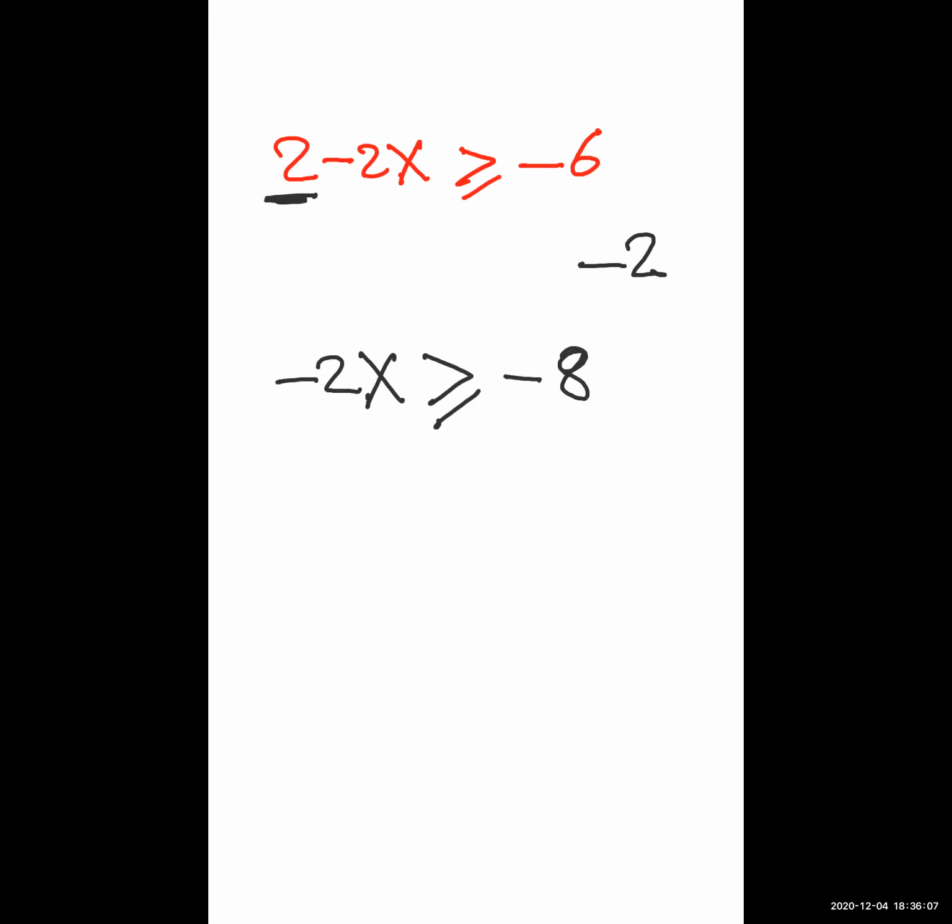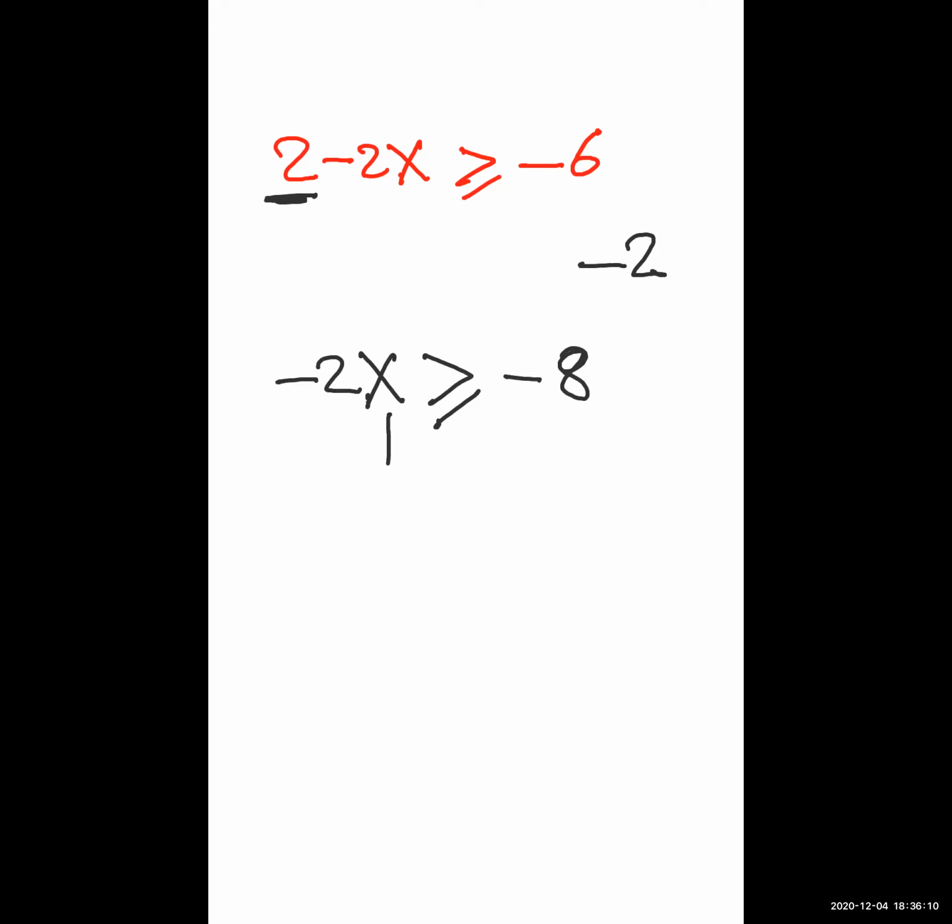Then the next question will be like this: 2 minus 2x is greater than or equal to negative 6. I want to remove this 2, so subtract 2 from the two sides. So now negative 2x greater than or equal to negative 8.